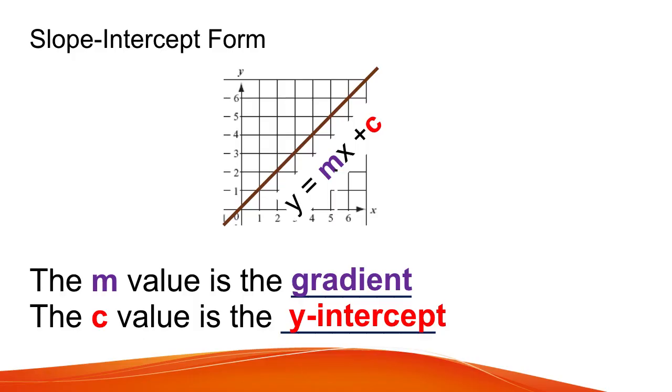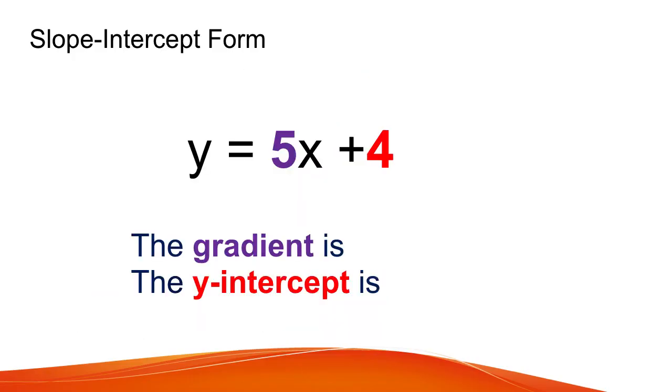Therefore, we can go further and say, for example, when we have y is equal to 5x plus 4, you can see that this is in the form of y is equal to mx plus c. The 5 stands for the m because it's the coefficient of x, and the 4 is actually the constant.